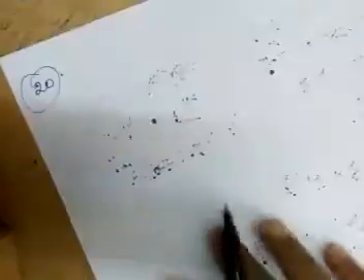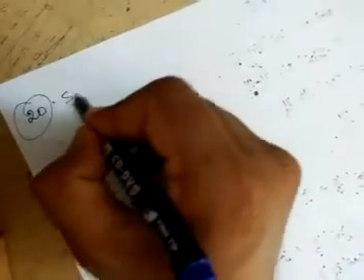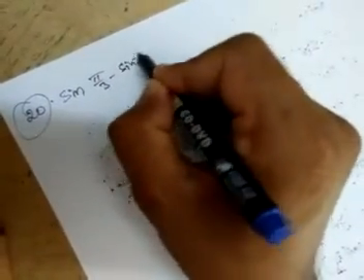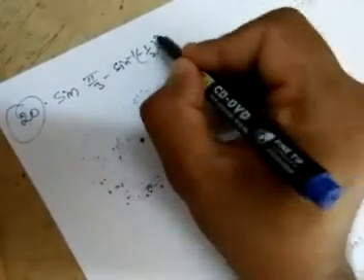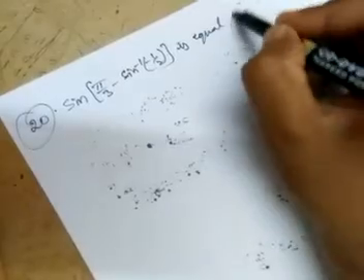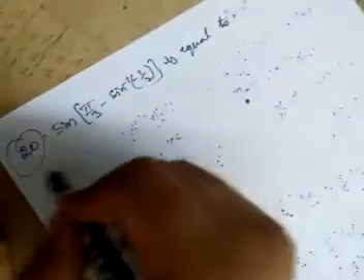Now the next question is the 20th question: sin of pi by 3 minus sin inverse of minus 1 by 2 is equal to, multiple choice questions.